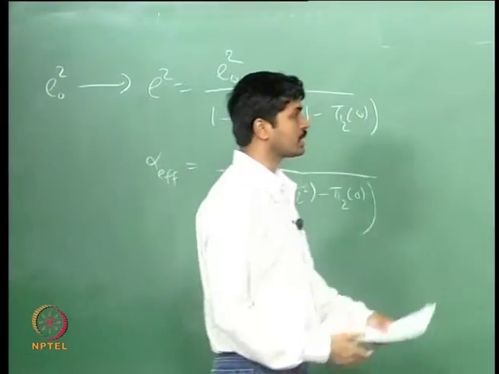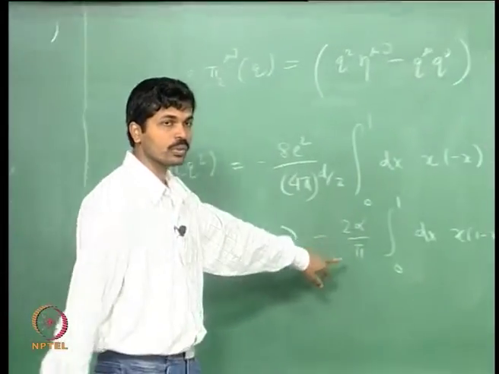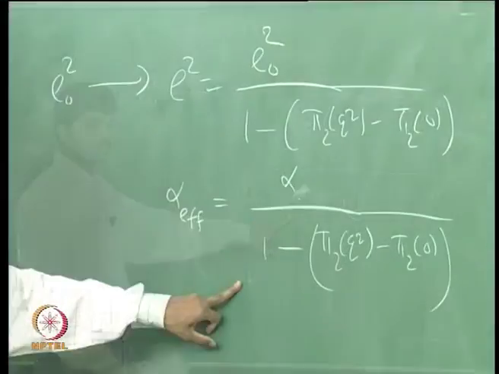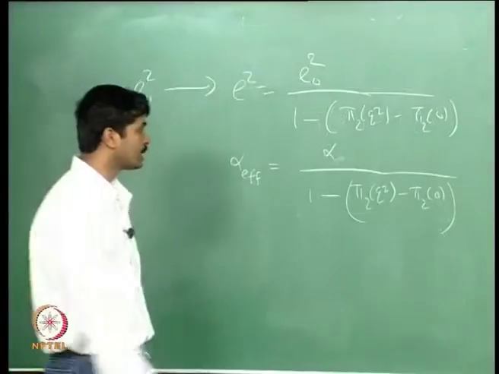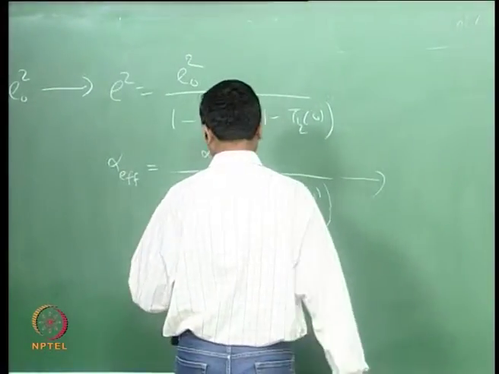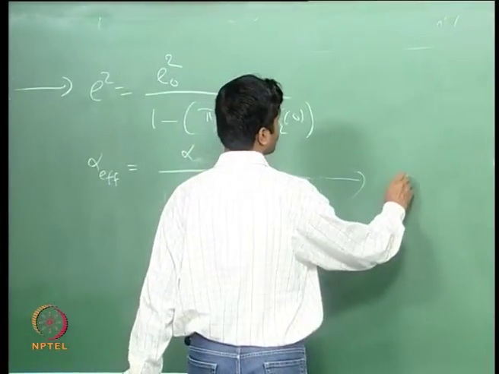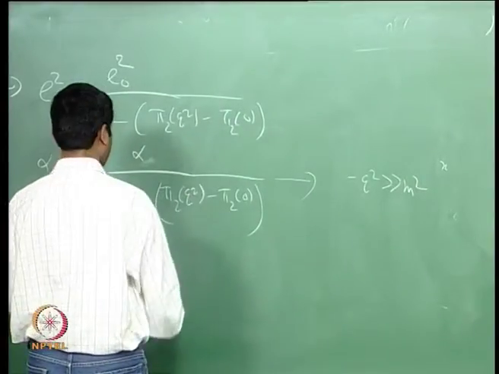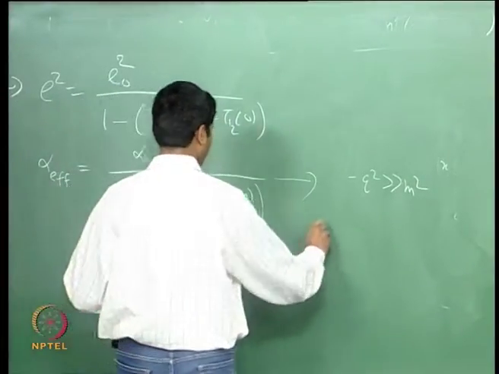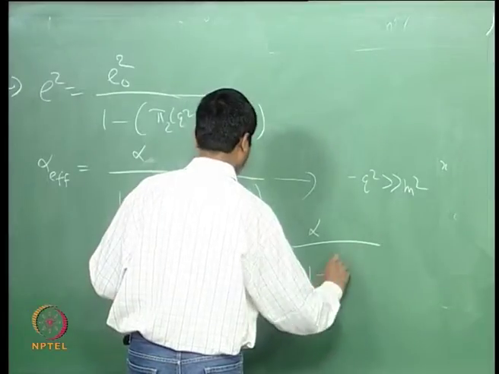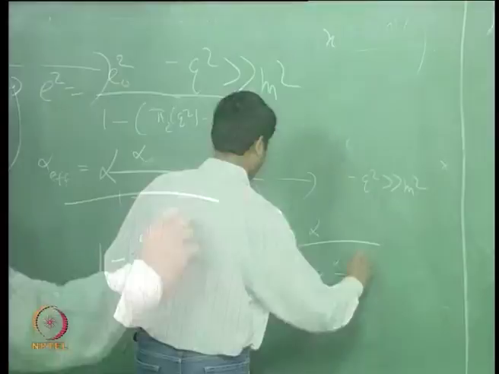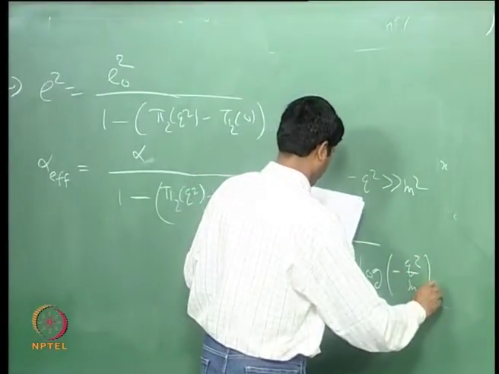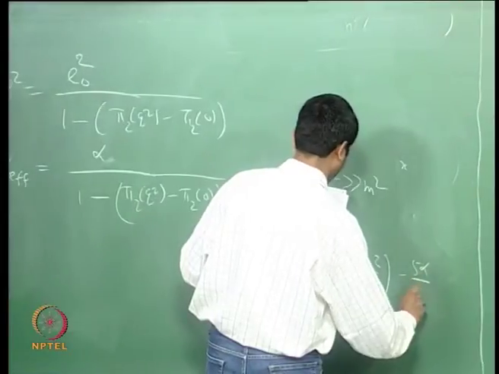And you can use this explicit expression for pi 2 of q square to compute the q square dependence of the fine structure constant. I will leave it as a homework to show that at large q square, when q square is much greater than m square, the effective fine structure constant will simply be given by alpha divided by 1 minus alpha over 3 pi log of minus q square over m square minus 5 alpha over 9 pi.